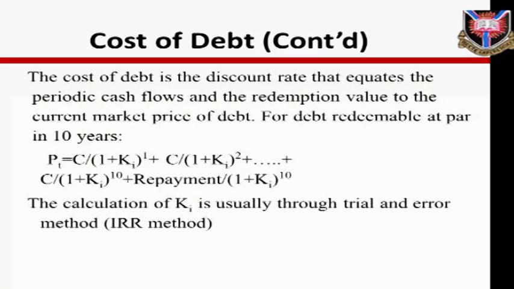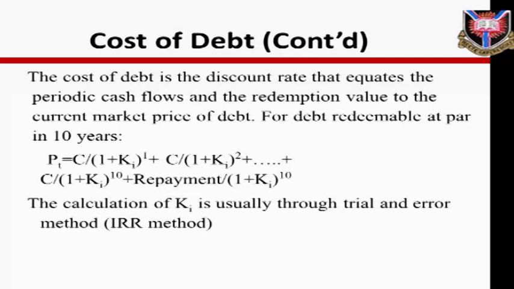The cost of debt is a discount rate that equates the periodic cash flow and the redemption value to the current market price of debt. For debt redeemable at par in 10 years, P0 equals C over (1 plus K) to power 1, plus C over (1 plus K) to power 2, and so on. The calculation of K is usually through the trial and error method.